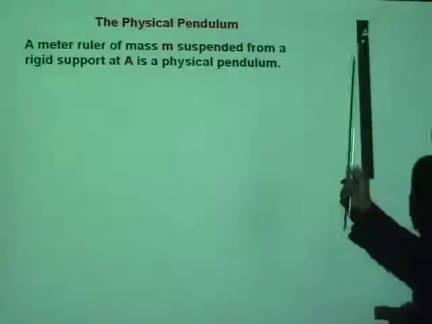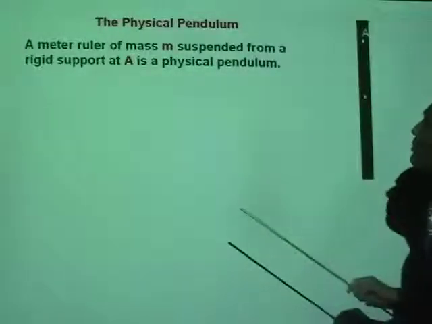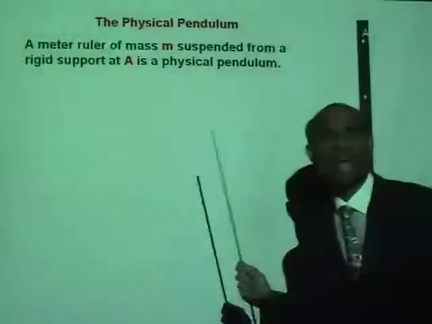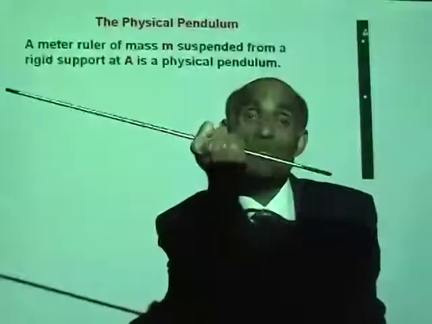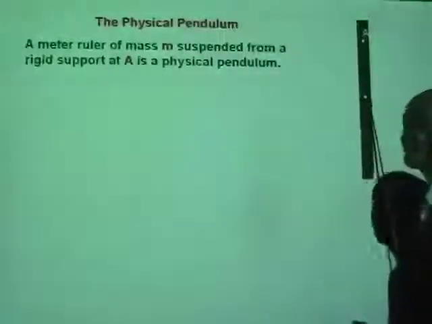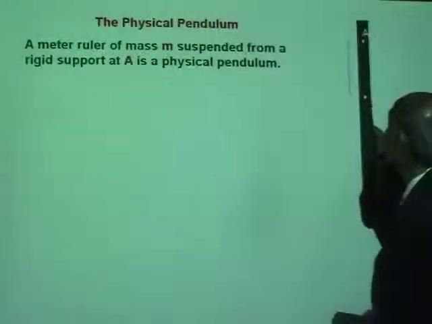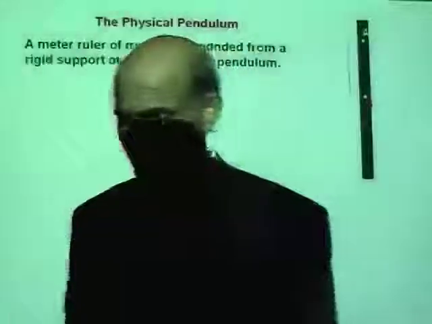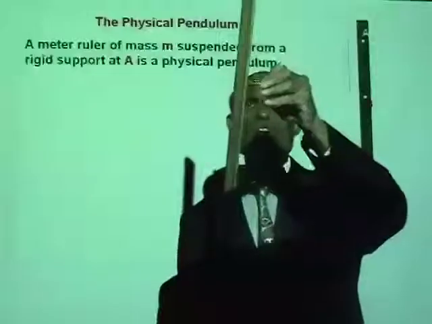Now this is where the ruler is suspended. It is free to oscillate at that point. And this is the center of the ruler, the center of gravity. You know that the center of gravity is the point at which the weight of an object is acting? Alright, the center of gravity of the ruler is G. And the distance of the point of suspension, well, let's go back and look at this again. This is the point of suspension.